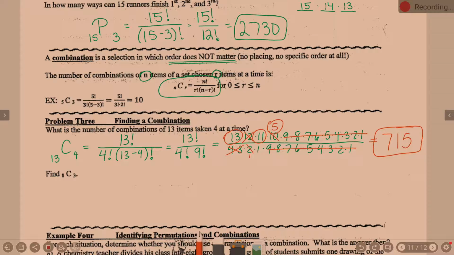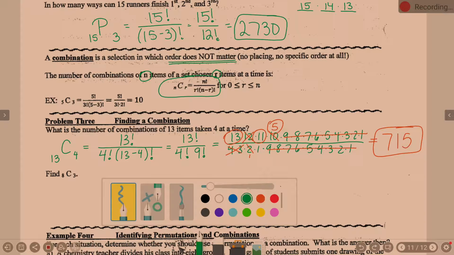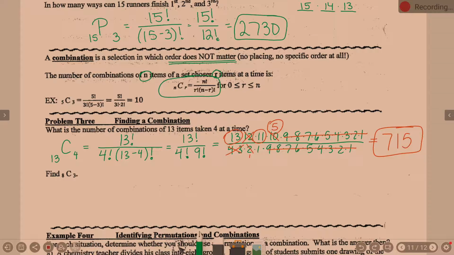Okay. The next one just says find 8C3. So 8 items combined 3 at a time.